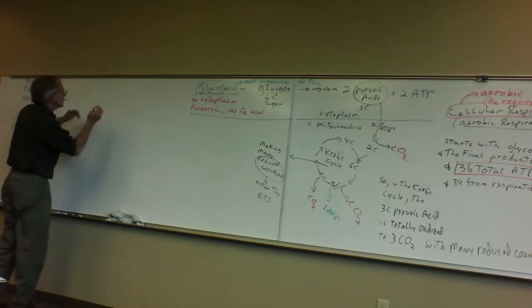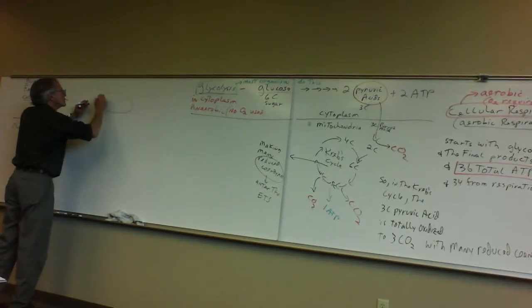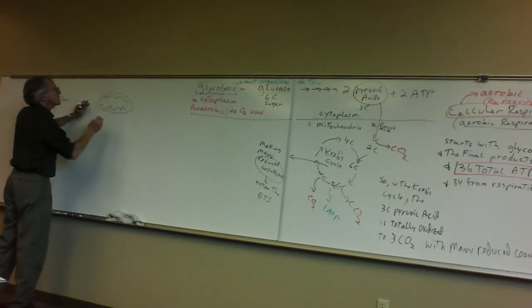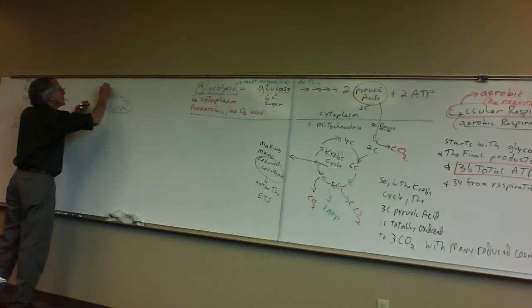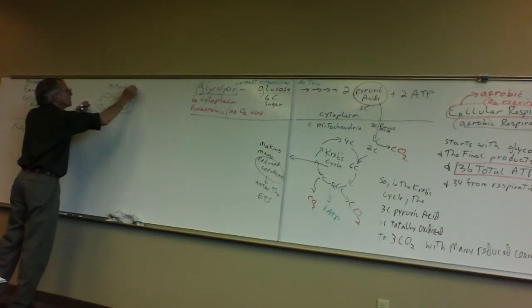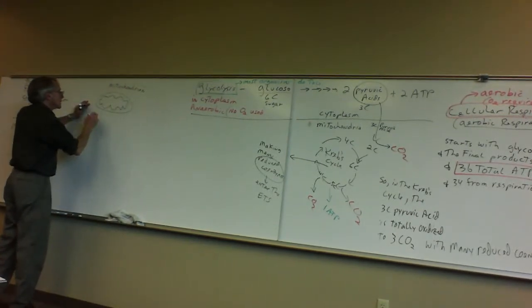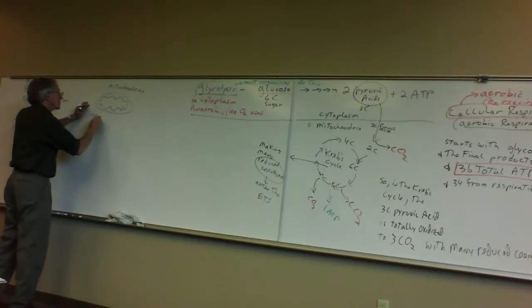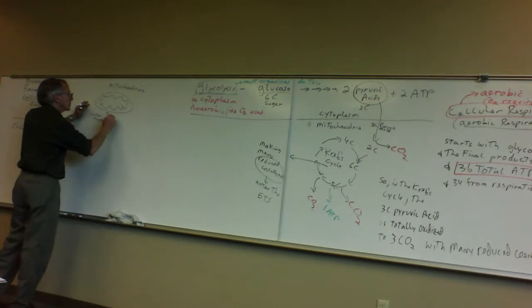So if this is a mitochondria, there's the outer membrane, and then there's the inner membrane. What's the membrane made of? Phospholipids? Yep, phospholipids and proteins.